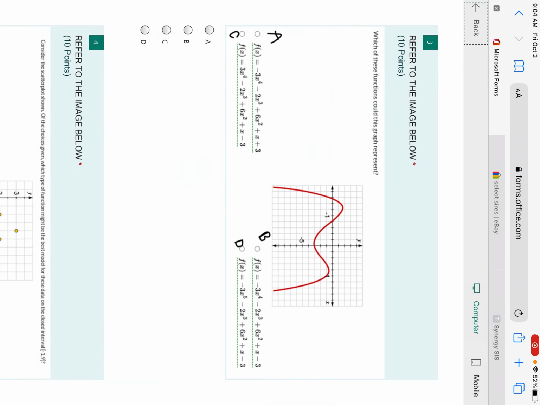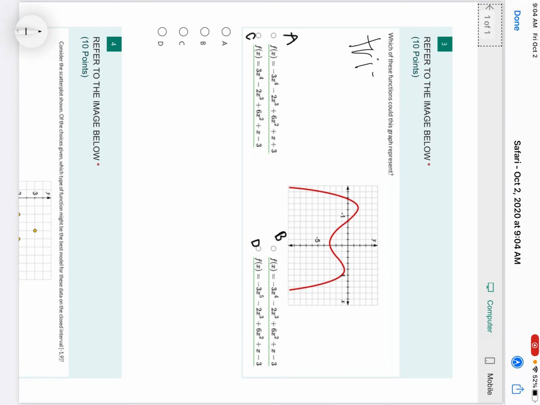On number 3, guess what? Trick. Both ends are pointing down. We have a y-intercept of -3. Let's see. I think that's it. That's all you need to do.